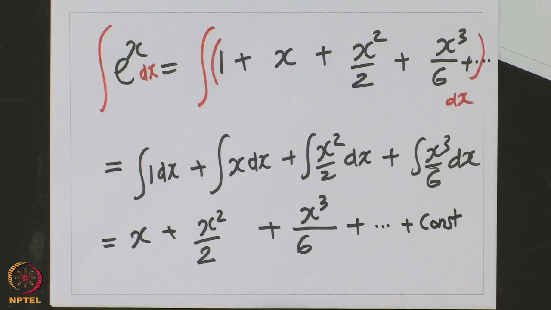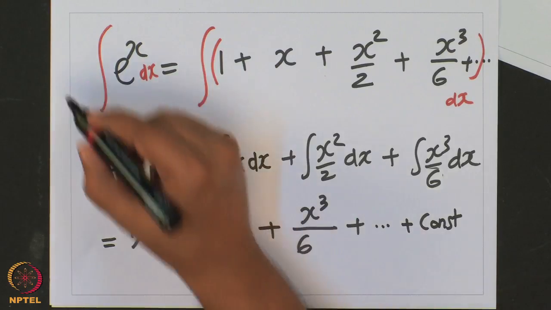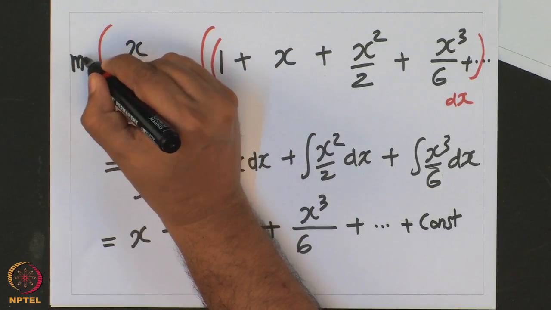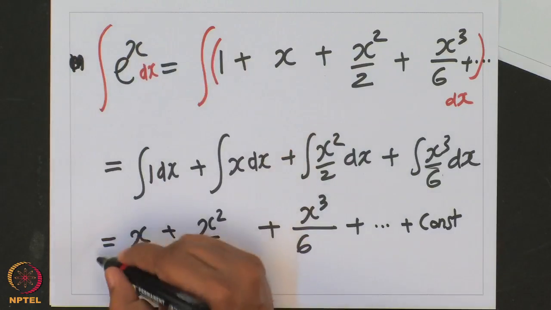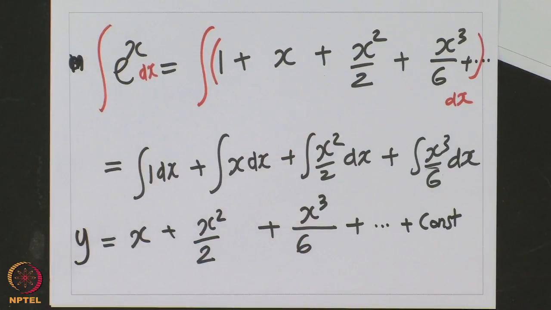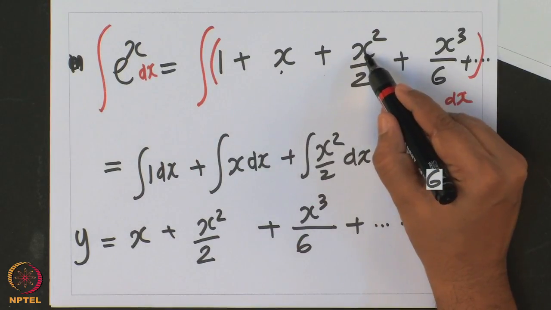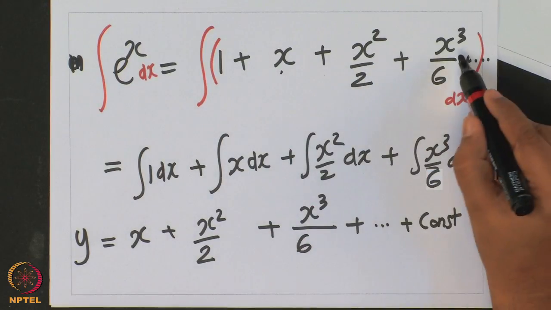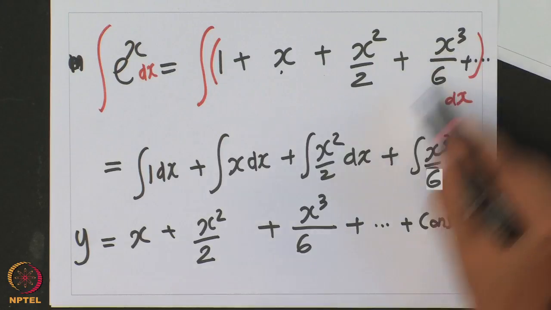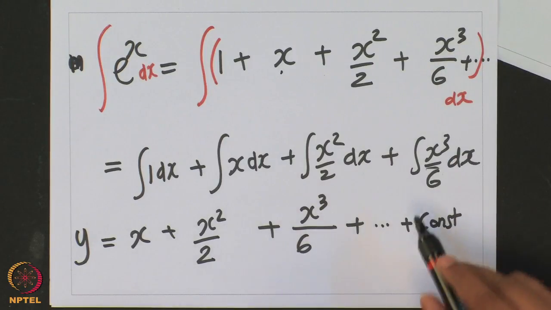So this is my integral. If my m is e power x, this is my function y. Now look at here. There is x here, there is x square divided by 2 here, there is x square divided by 2. There is x cube divided by 6 there, there is x cube divided by 6 here.